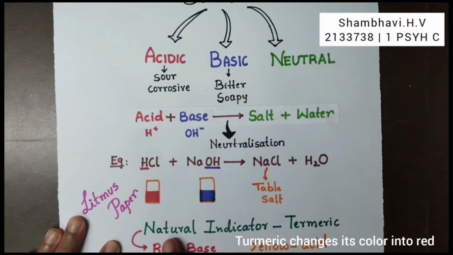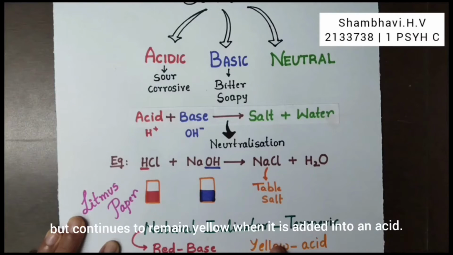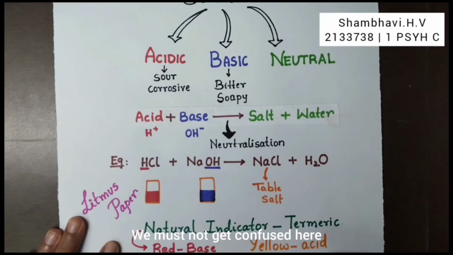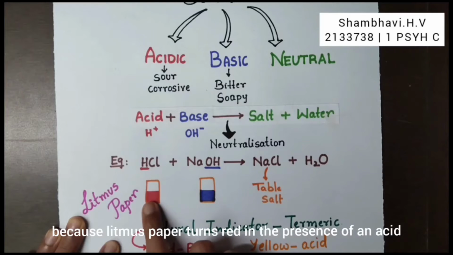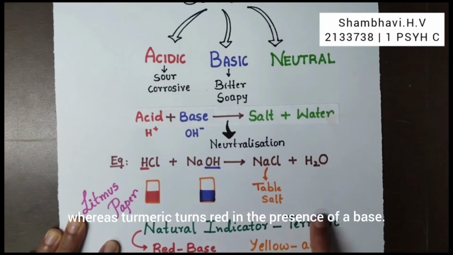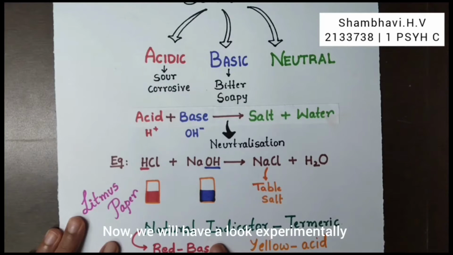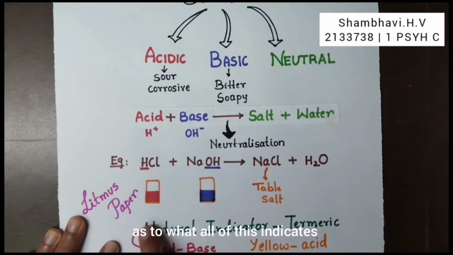Turmeric changes its color to red when it is mixed with a base, but continues to remain yellow when it is added into an acid. We must not get confused here, because litmus paper turns red in the presence of an acid, whereas turmeric turns red in the presence of a base. Now, we will have a look experimentally at what all of this indicates.